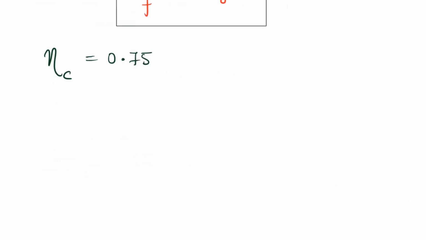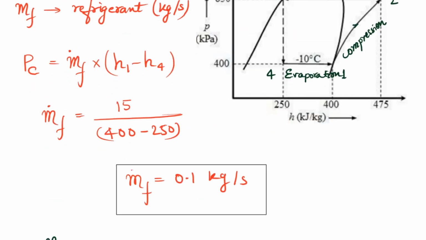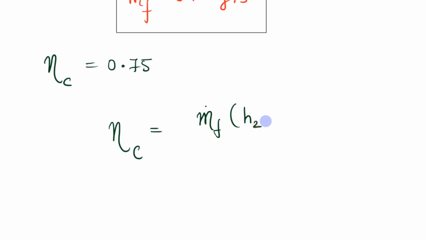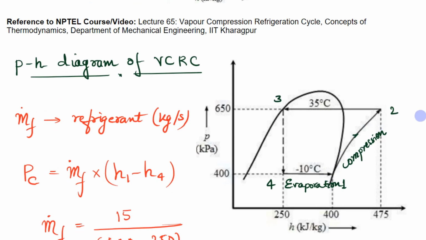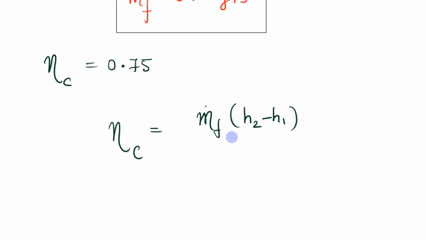And also we know that the isentropic efficiency of the compressor is equal to the mass flow rate multiplied by the enthalpy difference, that is the work done by the compressor, h2 minus h1, because compression takes place in process 1 to 2, divided by the compressor power, Pc. And we need to find this Pc, the compressor power.